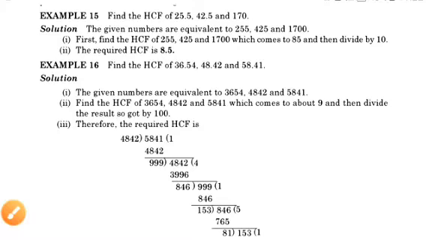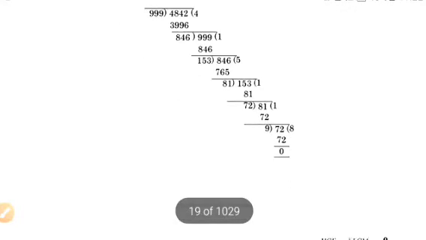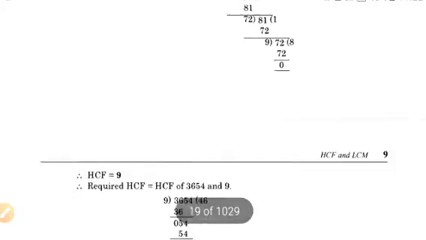Similarly, 48.42 gives 4842 and we get 5841. Now these are three integers without decimals, and the HCF will be 9 by the division or prime factorization method.